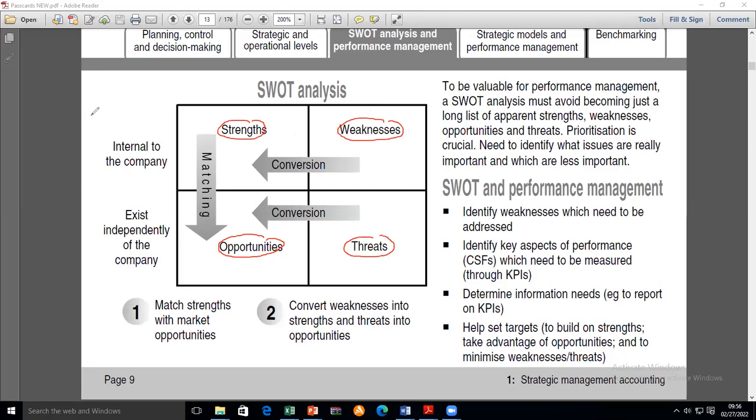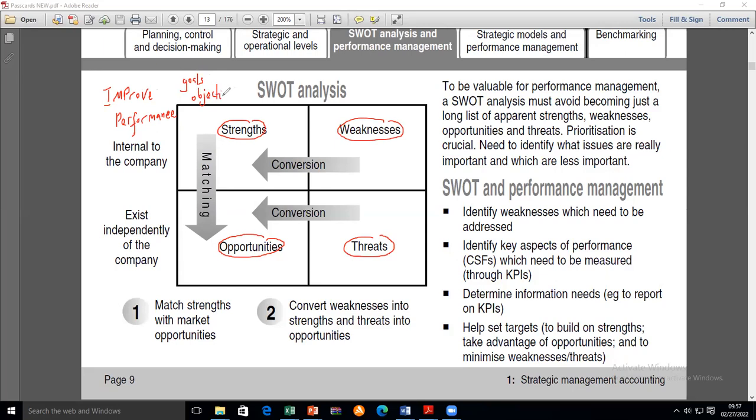Remember, last week we did cover that the idea behind performance management is to help organizations improve their performance. That's the whole idea. So we are experts in skills that can help organizations improve their performance. We are experts in helping organizations meet their goals and objectives.